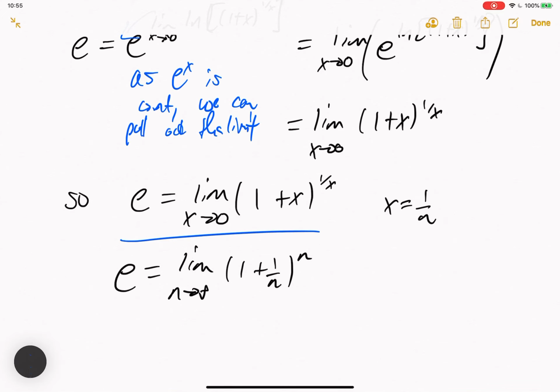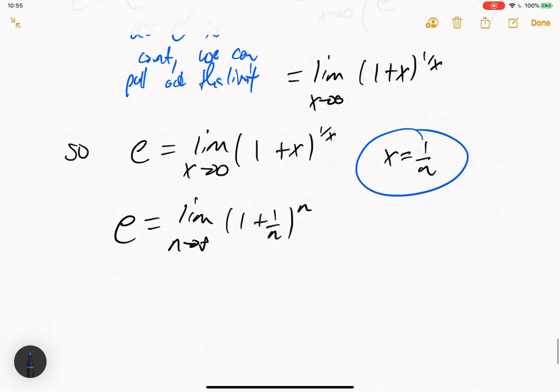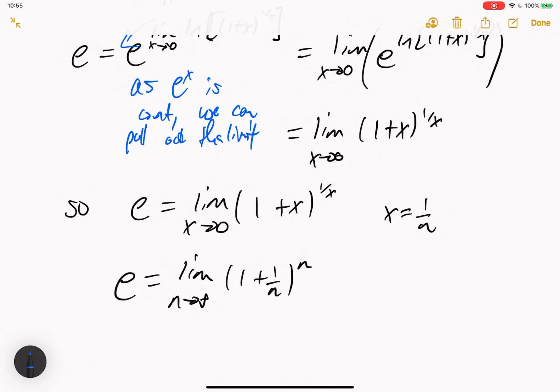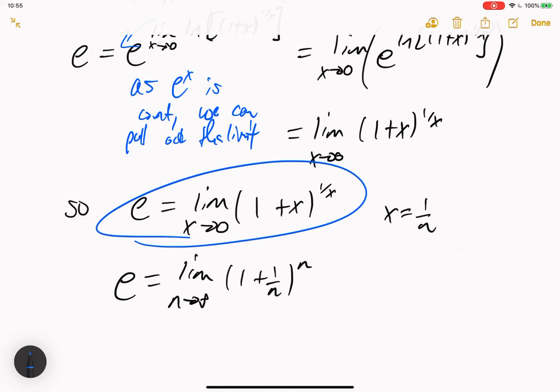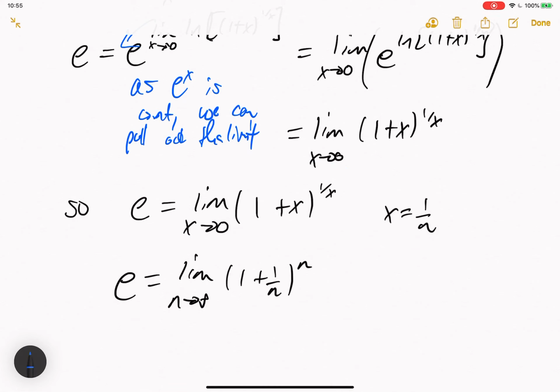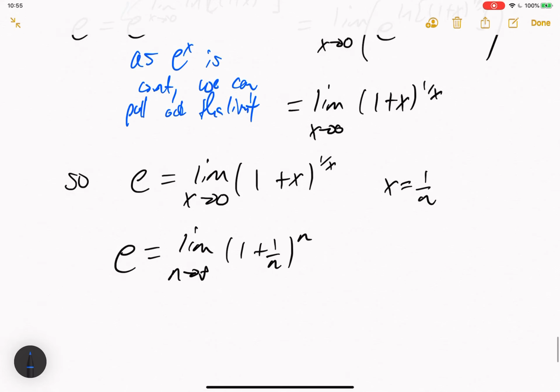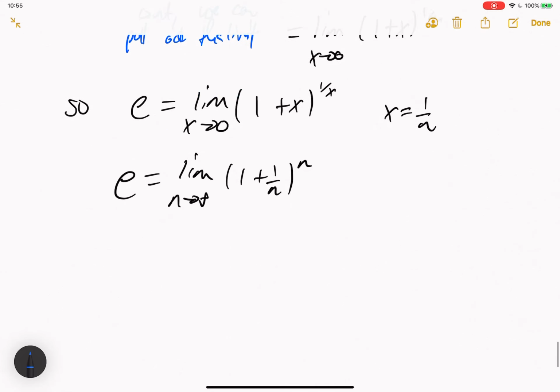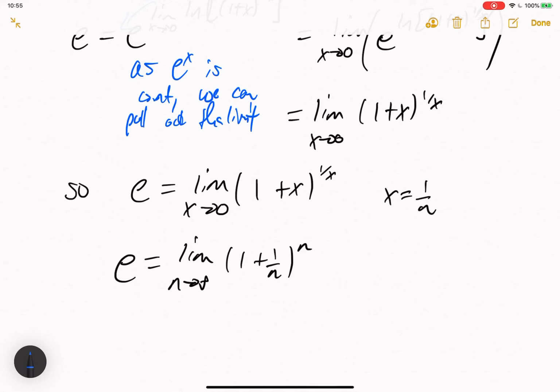And the more common way I see it typically is x is equal to 1 over n. This right here is another definition for e, and it's actually a very nice definition, pretty helpful in certain situations. But we can do a substitution: x is equal to 1 over n.